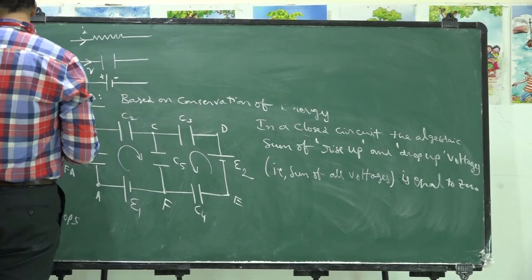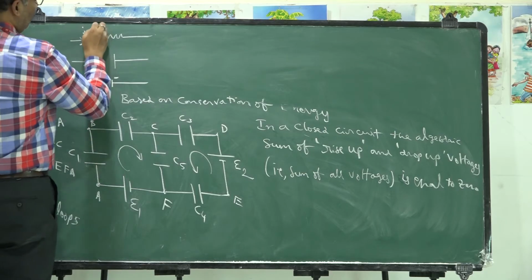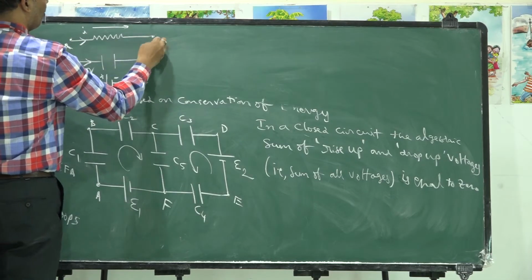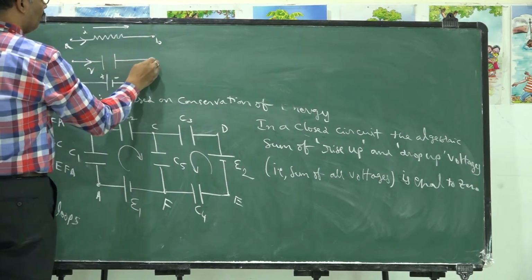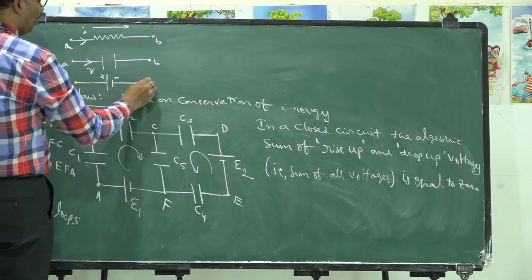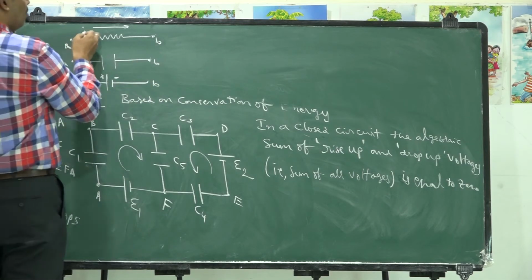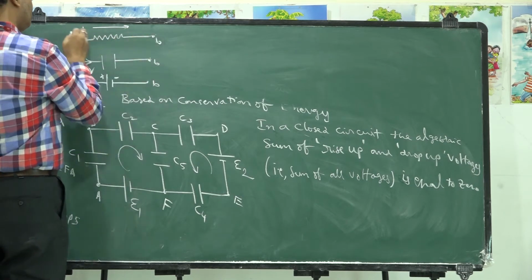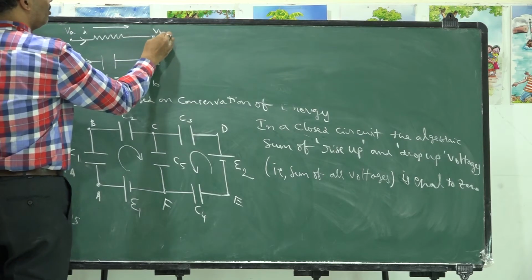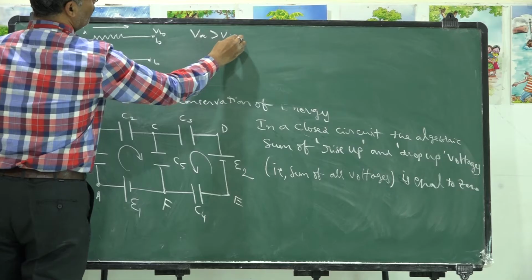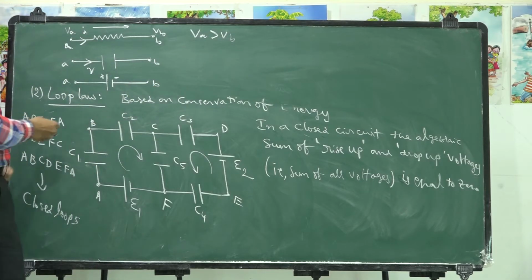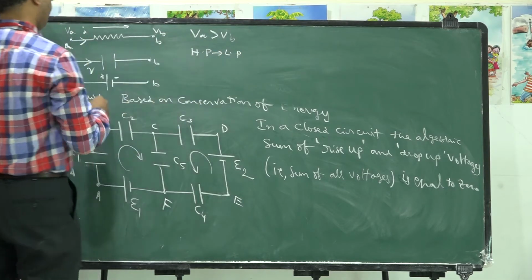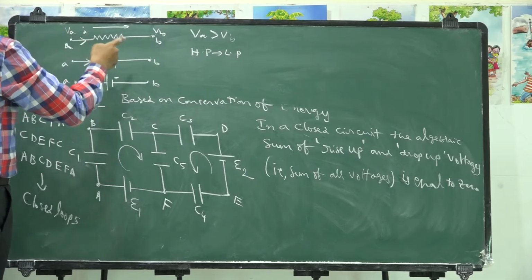When you are moving from left to right, that means from terminal A to terminal B, what will happen? Current is going from terminal A to terminal B, which means potential at A is greater than potential at B. That means you are moving from a high potential region to a low potential region, so the potential value is going to decrease.